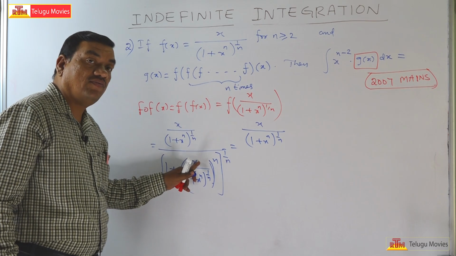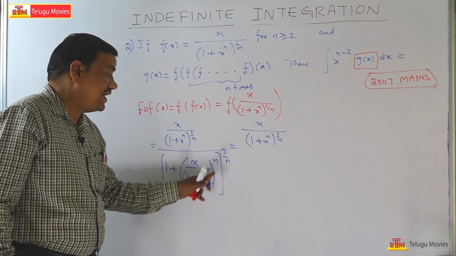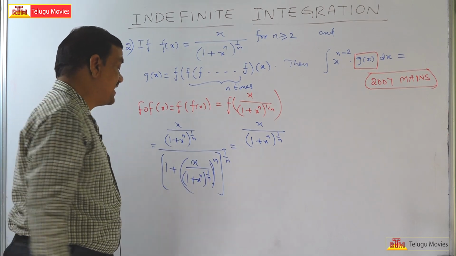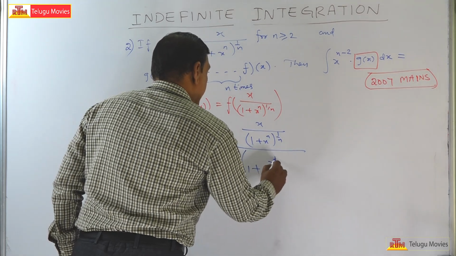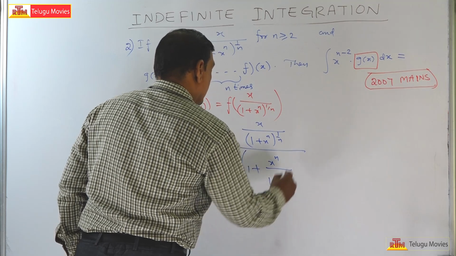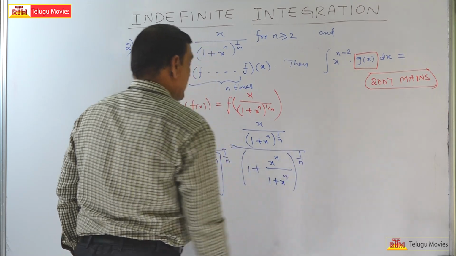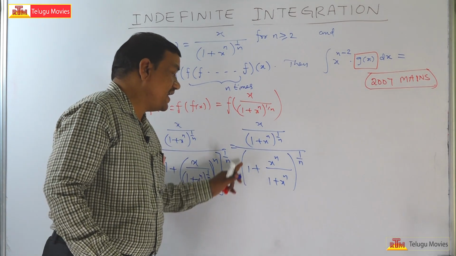It will come for numerator and denominator. If it comes for the denominator, 1 by n whole power n will get cancelled. So your problem will become (1 plus x power n) by (1 plus x power n) whole power 1 by n. Okay now? Right.